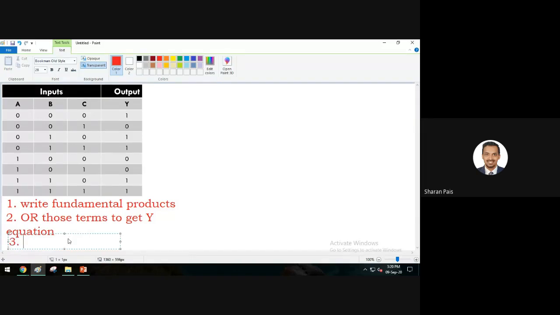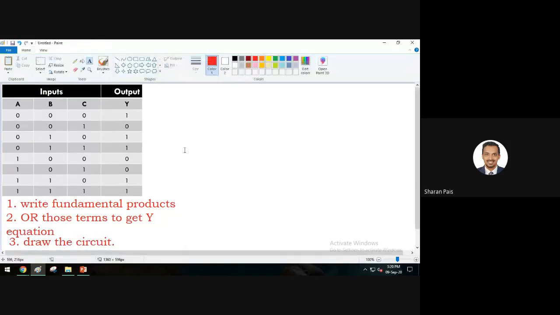Third one is draw the circuit. Three steps. Done? Anyone? Over.